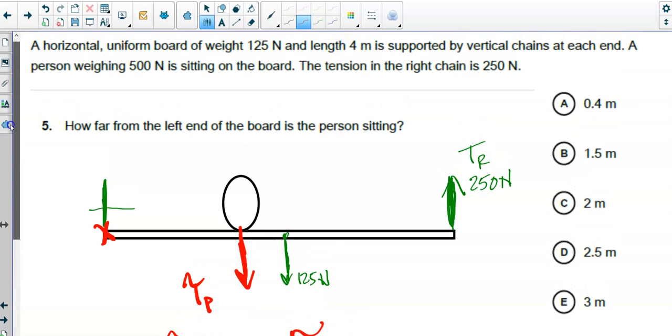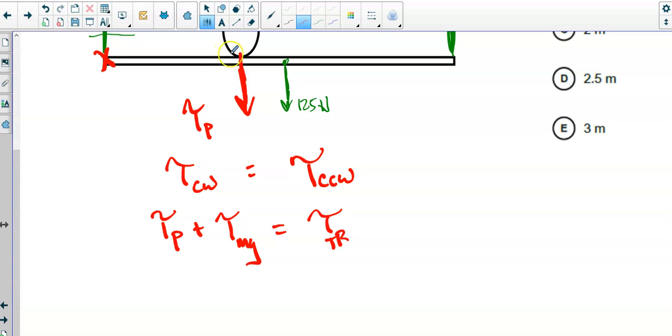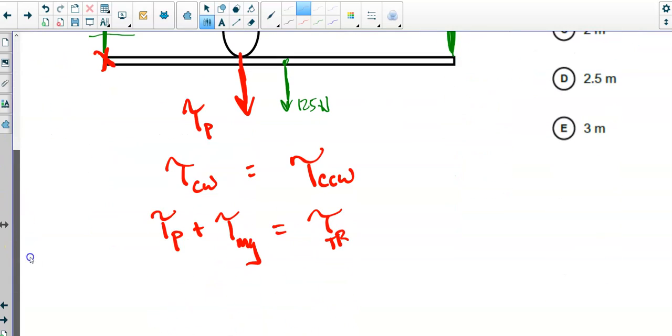Now, do they give us the length of the board or not? 4 meters. Okay. So I know the following numbers. I can put in the following numbers. The weight of the person, I know that force, the person's 500 newtons.